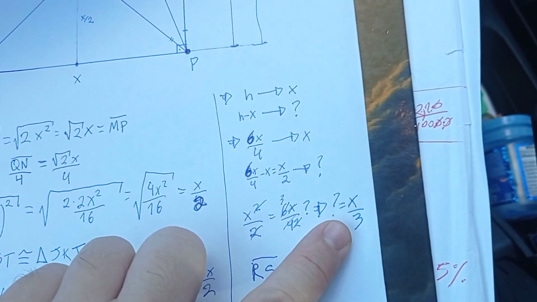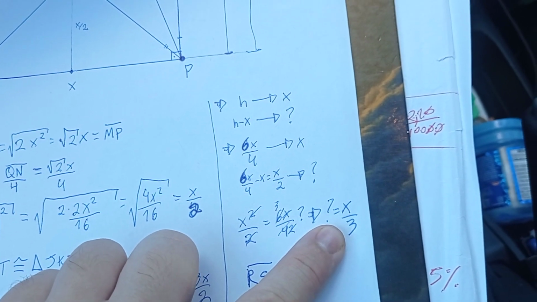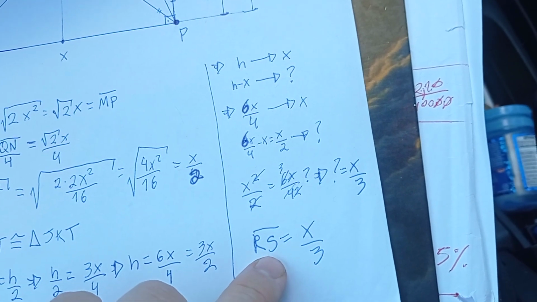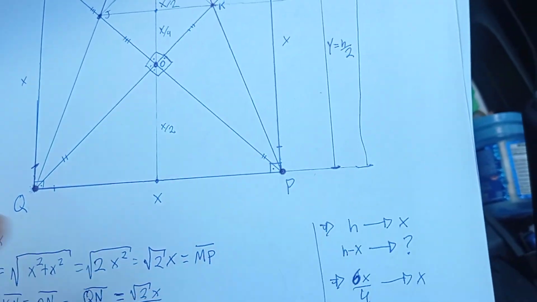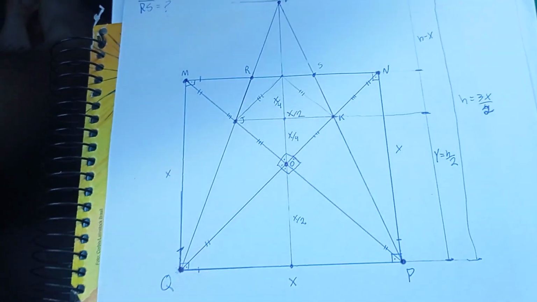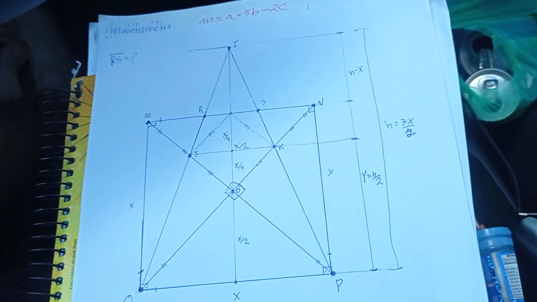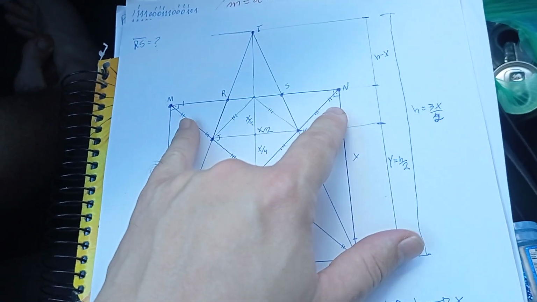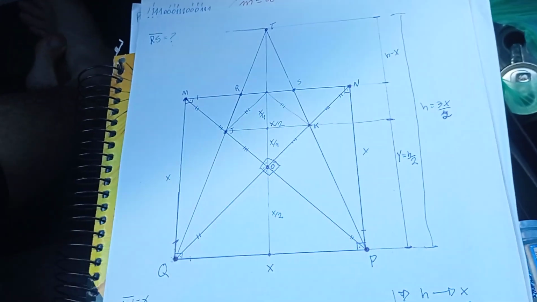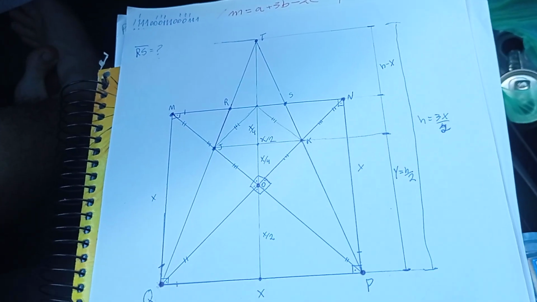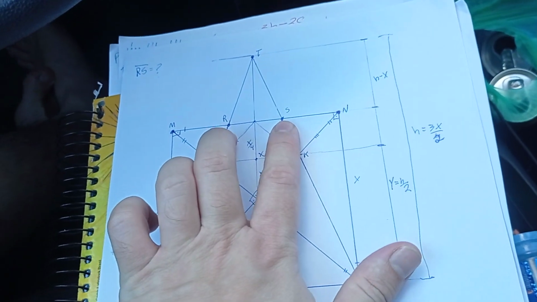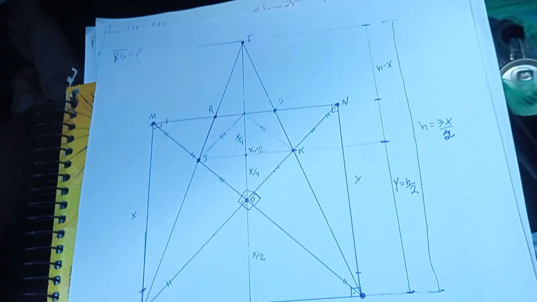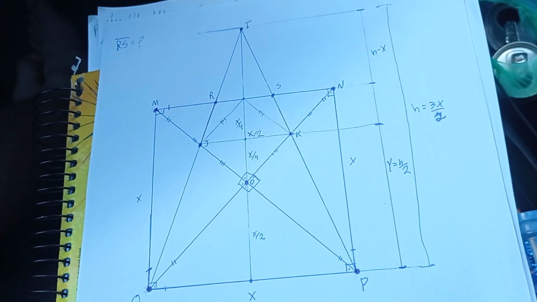We get that the size of the RS length is x divided by 3. By the way, if you did the drawing very accurately, you can also measure this length here, and you're going to verify that this result is correct.